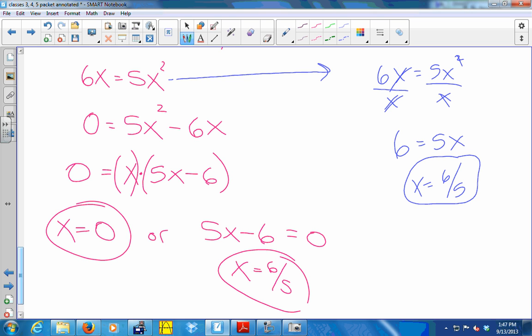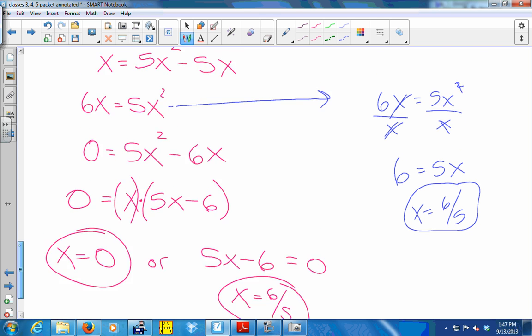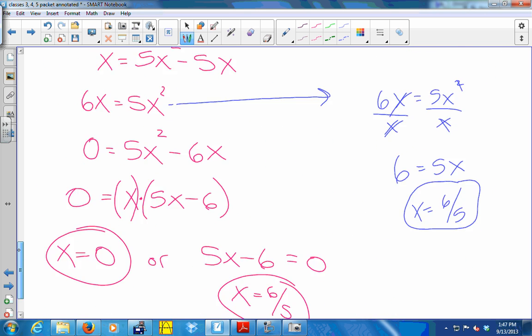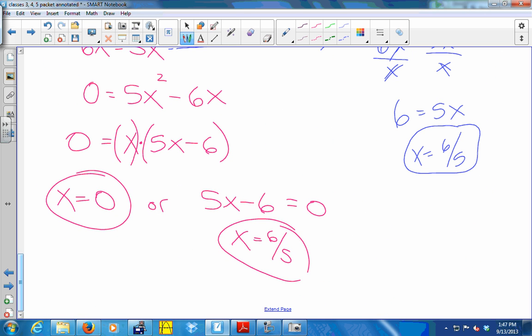We would have lost a solution, because, but what? Right. And we know that x equals 0 can't be a solution because you can't put 0 into the original equation.